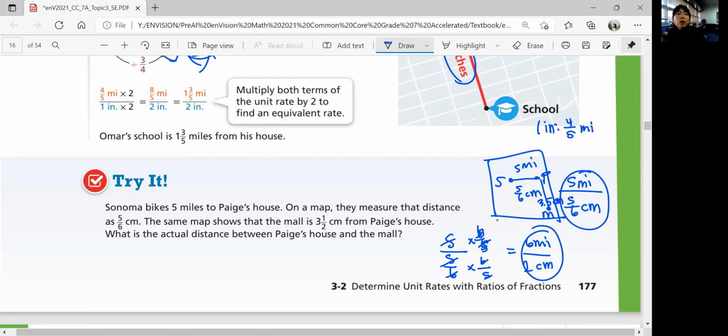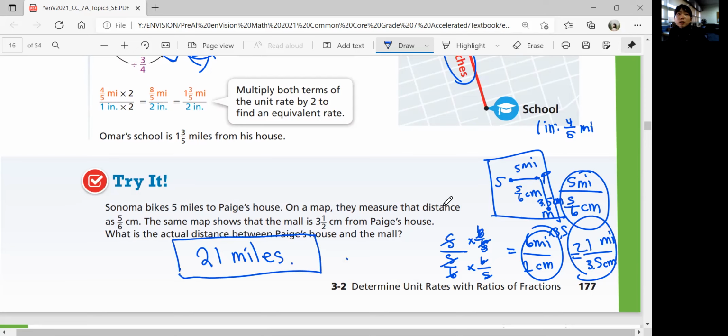So in order to find the equivalent rate for 3.5 centimeters, 1 times 3.5 is 3.5, right? So you multiply 6 times 3.5. What do you get? How many miles? 21. Okay, so it's 21 miles away. The actual distance between Paige's house and the mall is 21 miles.